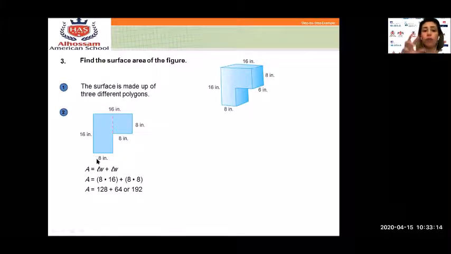The area of the rectangle is length by width, and for the square we multiply the 2 lengths, 8 times 8. So we find the first area, 16 times 8, and the other area, 8 times 8, and this is the area of that shape.